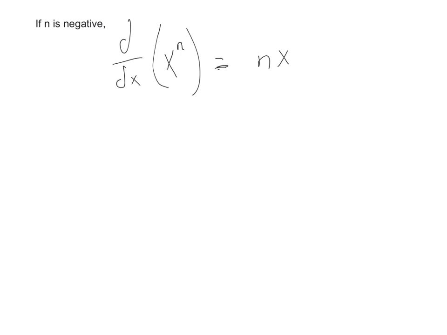It doesn't matter if the power is positive or negative. The power rule is the power rule is the power rule. You take the power times the base to the n minus 1 power.